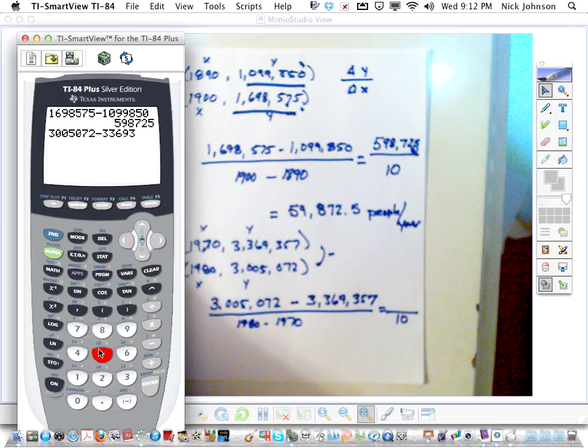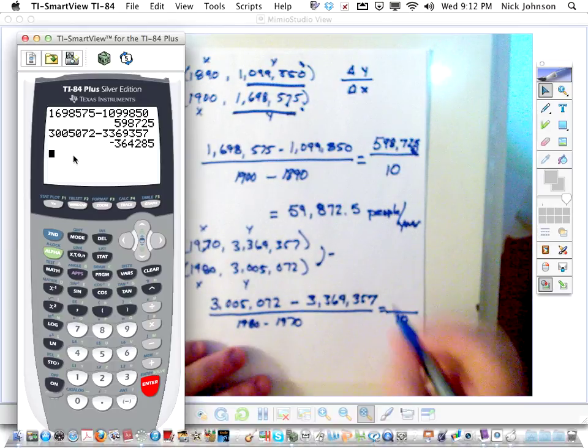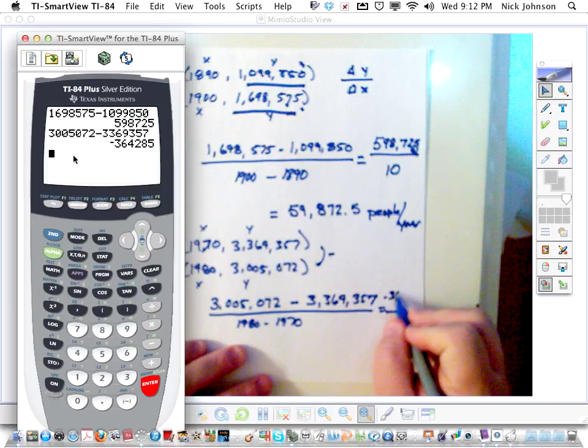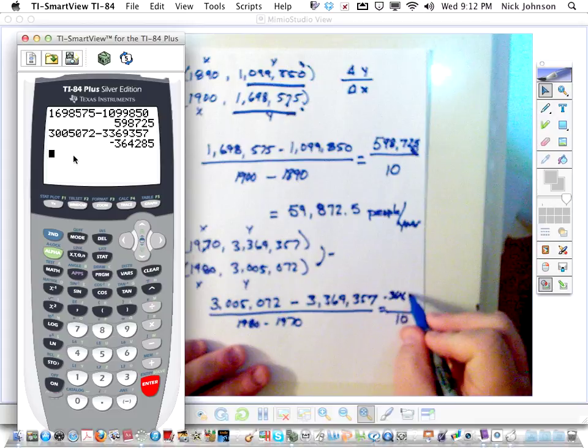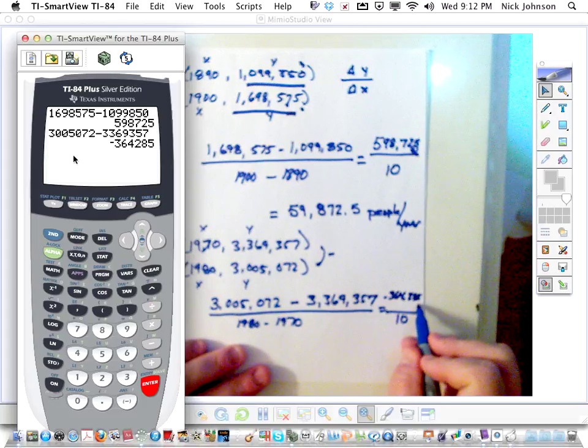Subtract 3,369,357 equals, notice it's a negative. Don't forget to put that negative sign in there. Negative 364,285.